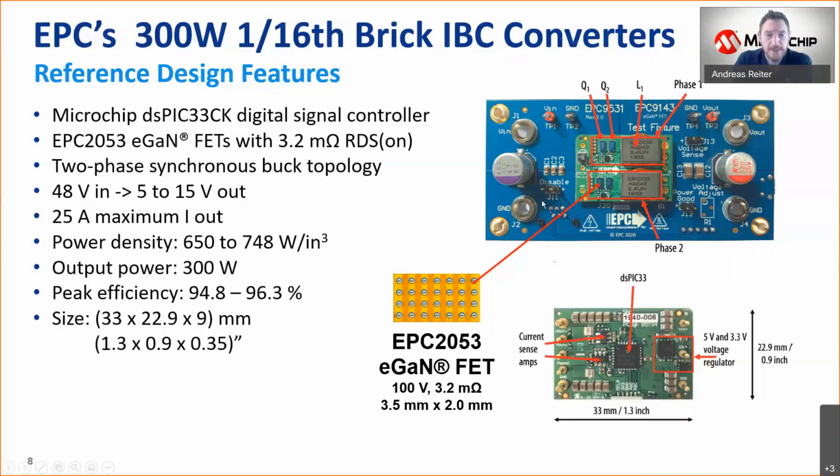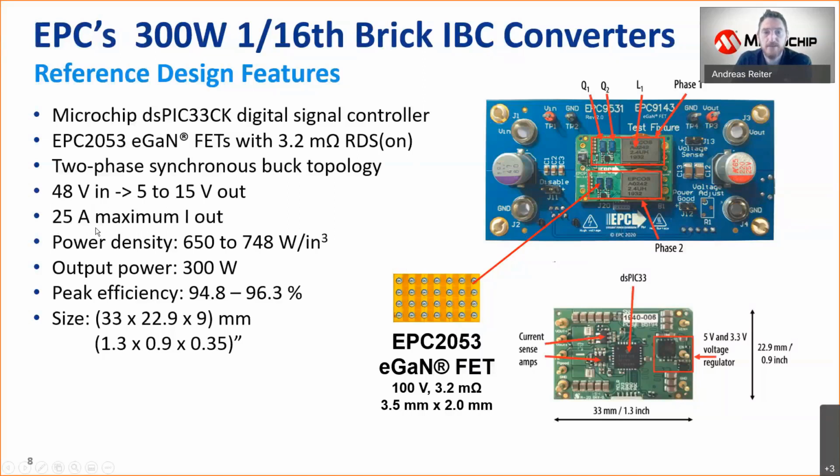And looking at the complete volume of this module with all its components, this gives us a power density of up to 750 watts per square inch. It depends a little bit on the output voltage because the real limiting factor is the current. So we cannot go beyond the 25 amps.